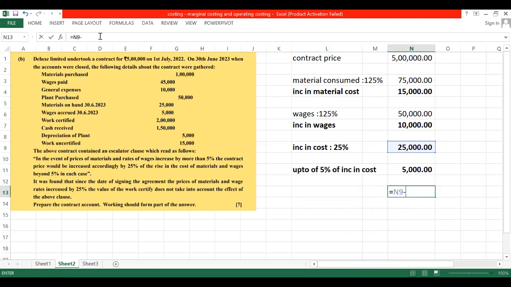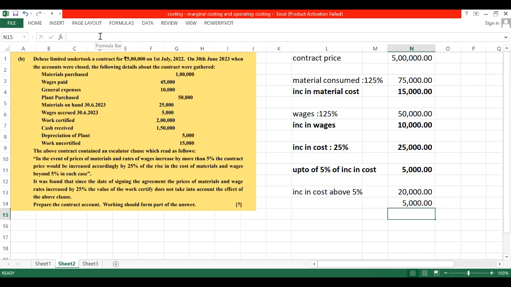Above 5,000, whatever is the increase, which is increase in cost above 5%, which is this 20,000, 25%. What does the question say? The price would be increased accordingly by 25% of the increase in cost beyond 5%.